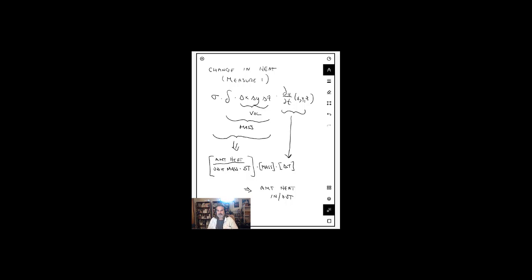U represents temperature, so du dt is the change in temperature in a given amount of time. So the specific heat times the mass times the change in temperature tells how much heat is released or absorbed in that representative elementary volume per unit time. Keep that in mind.